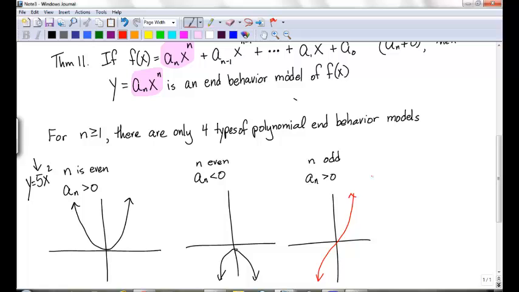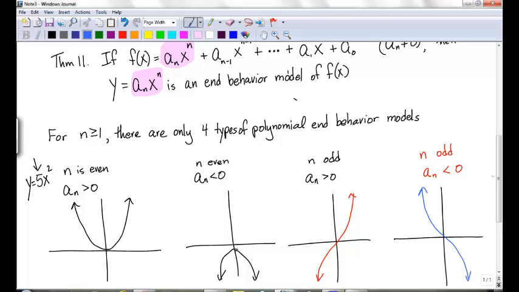And then if your n is odd, and it could be x to the 5th, x to the 7th, x to the 9th, and if your first coefficient, the biggest coefficient, is less than 0, then your graph's going to do this. Going to open this way. Basically those are the 4 types of polynomial end behavior models.